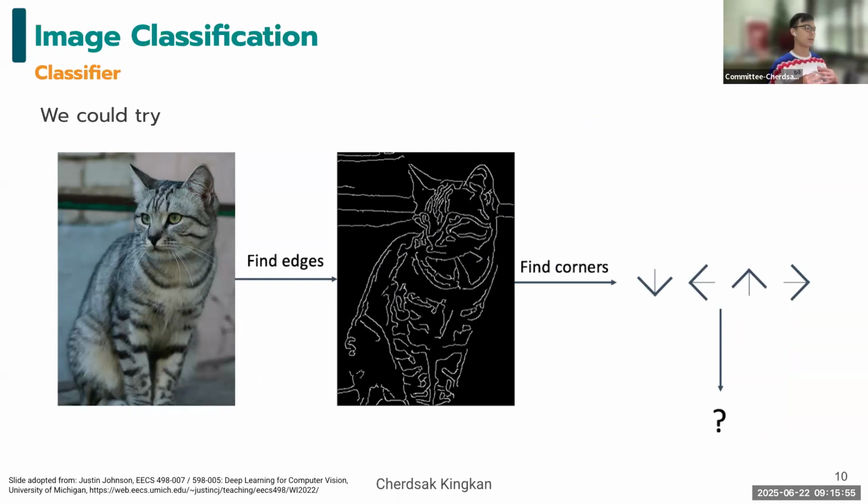Then we would come up with some set of criteria, such as if this consists of multiple corners around the ear and multiple corners around the face, something like that. So you have to write rule-based methods to figure out what kind of object looks like a cat, and what kind of features the cat should have. So you have to manually figure out those rules, right?